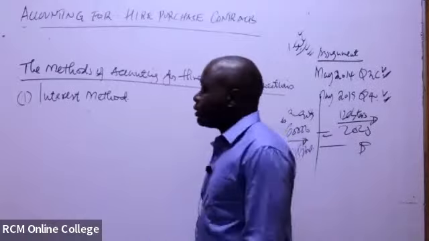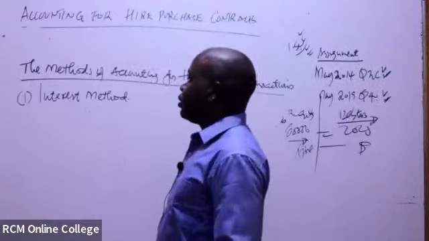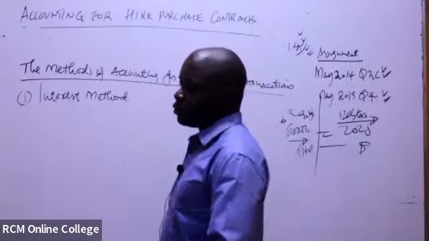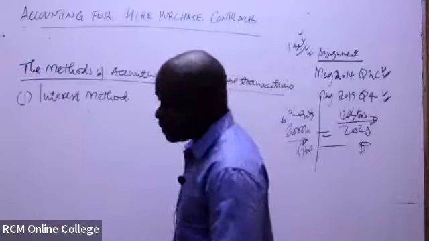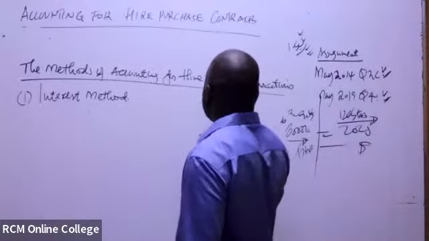So what will be happening here, the owner of the goods who is involved in hire purchase transactions, when he's recognizing the sales, he will recognize them at cash price.